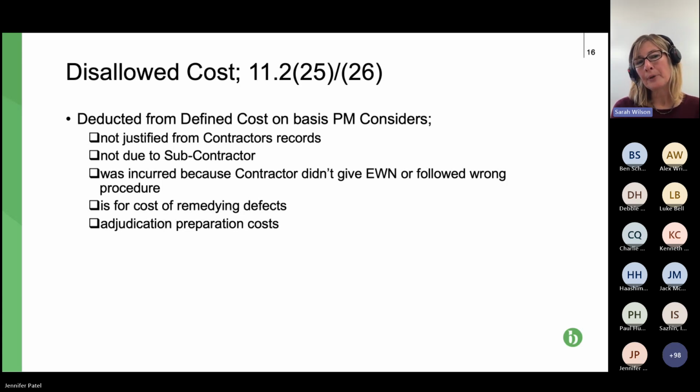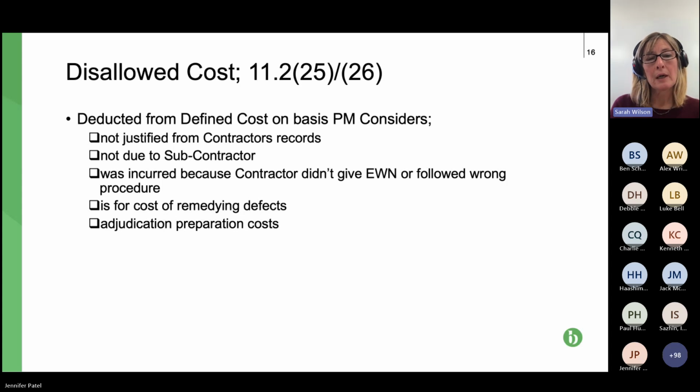Now, that would be rare, but if, for example, the subcontractor made a claim for something that in reality it wasn't entitled to, and the contractor pays the subcontractor, whether through mistake or not, the paying party, so the employer paying the contractor, would not have to pay that sum because it's not legitimately due under the subcontract to the subcontractor.